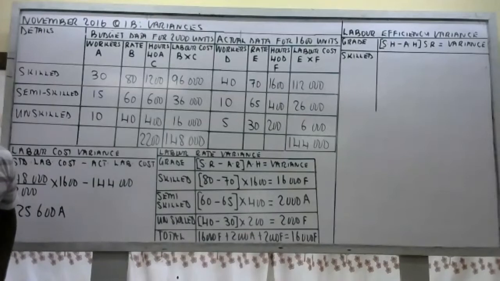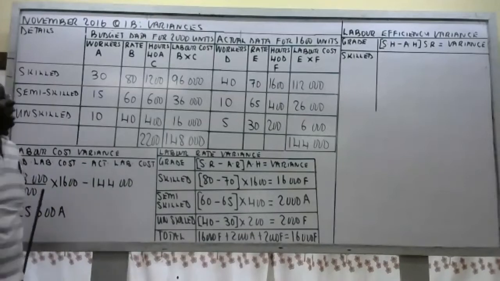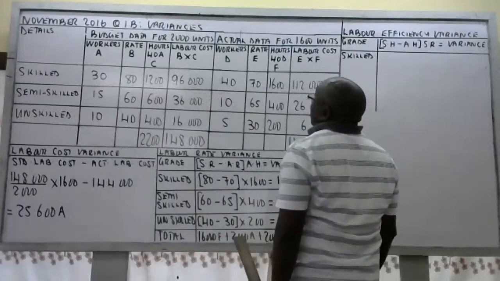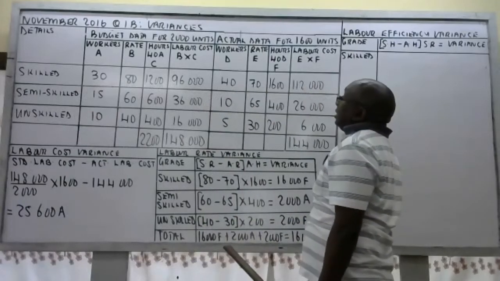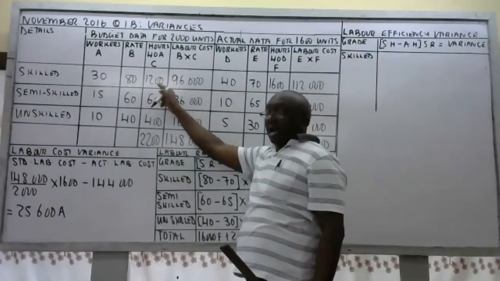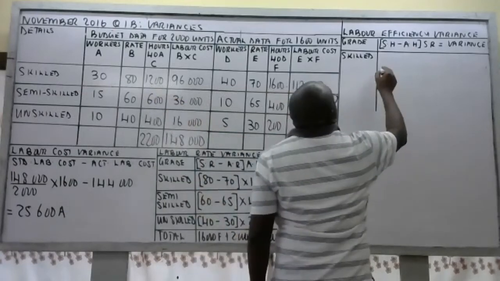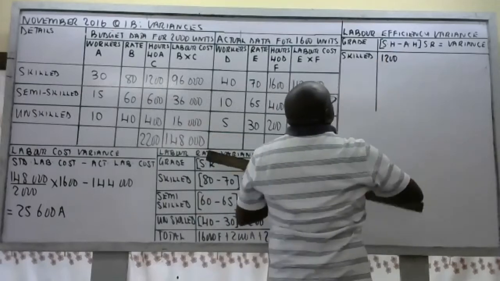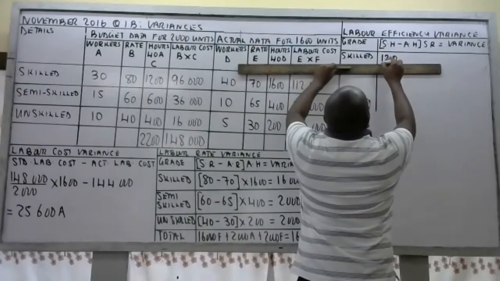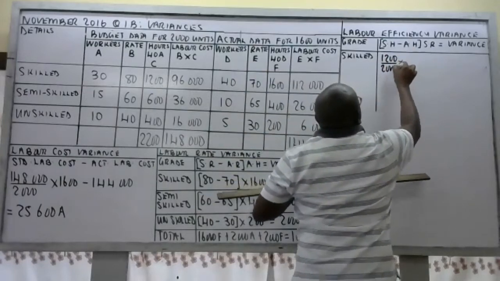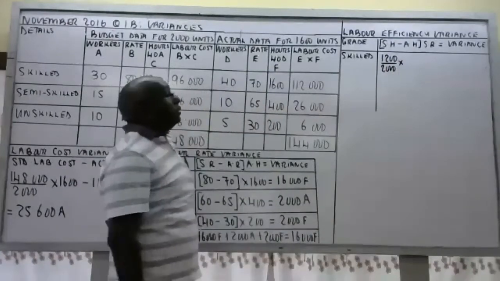Now going to the skills, according to our budget, 2,000 units were supposed to use 1,200 hours. So you take 1,200 and divide by 2,000.